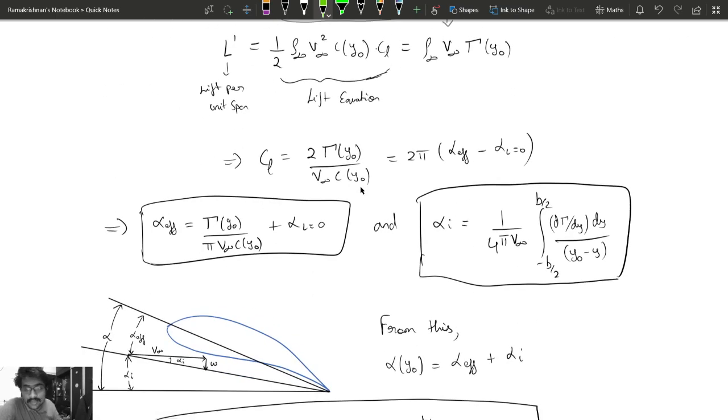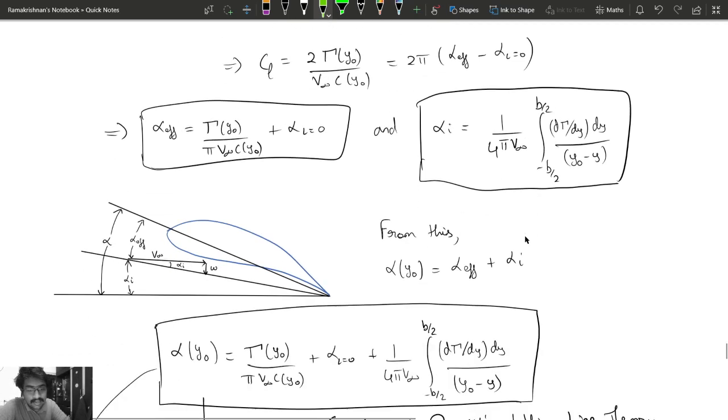And comparing these two expressions, we get our alpha effective to be gamma by pi times V infinity c plus alpha at zero lift. And we already have our induced angle of attack to be 1 by 4 pi V infinity times this integral.